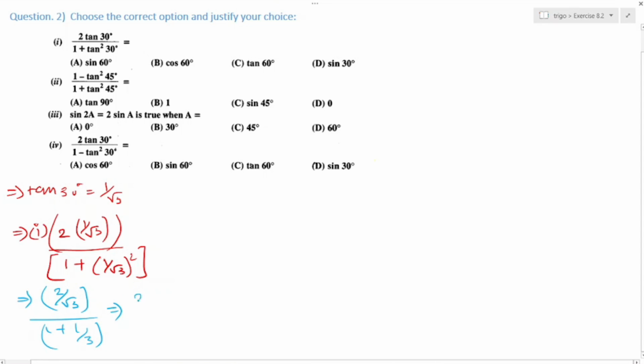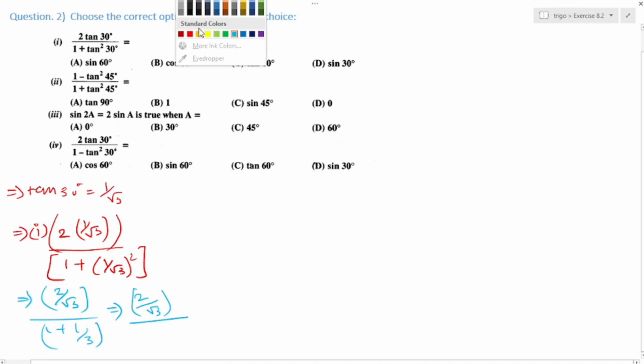Here we have 2 upon root 3 as it is. Now to solve this, we have to multiply the denominator of the first number with the denominator of the second, and vice versa. So we just multiply this 3 with this 1.